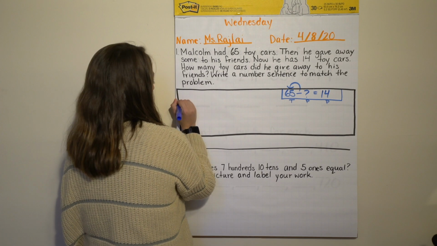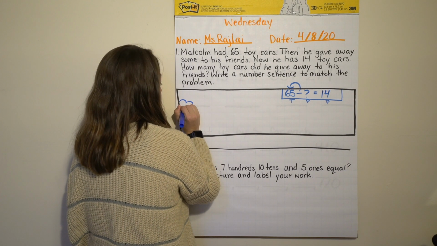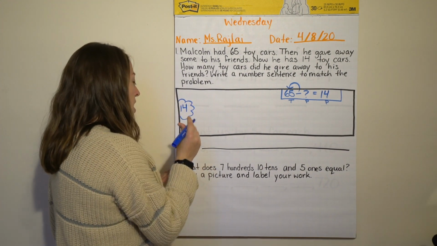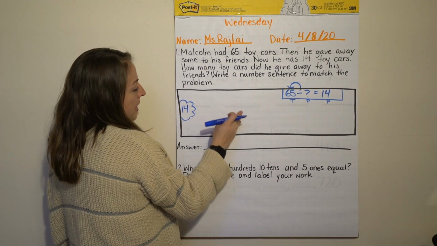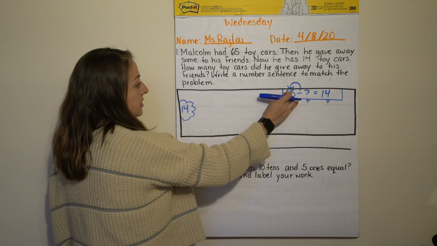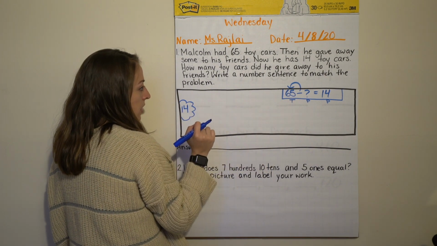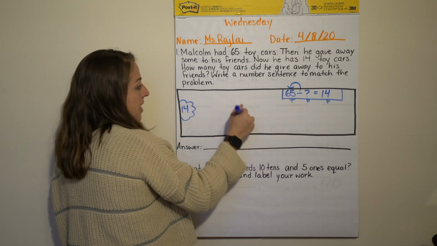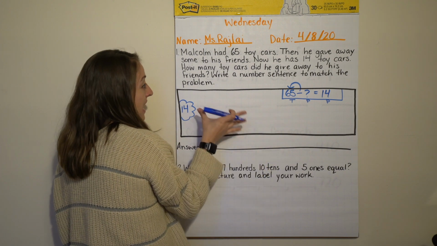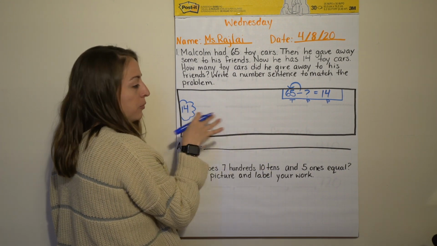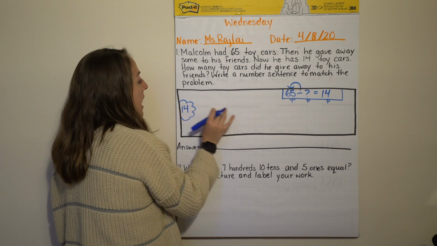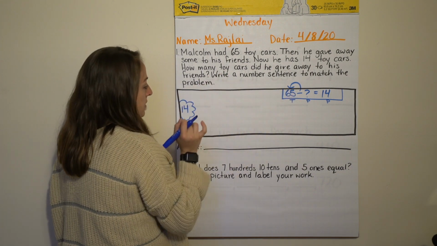All right, I'm going to start with my part, which is 14, and I'm going to keep counting up, and I'm going to stop when I get to 65, which is my total. So I'm not drawing 6 10s and 5 1s, because then I would be adding my total and my part. That would not be good. You're going to add and stop when you get to 65.